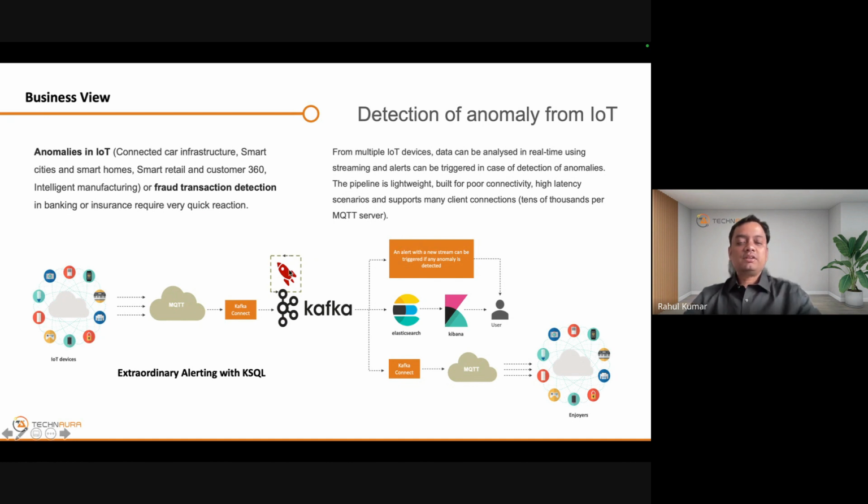Here you can see one diagram. This is actually a KSQL diagram, where we have KSQL here just to do the real-time threat detection. And then from Kafka, we are sending our data to Elasticsearch, Kibana, and to the user. Let's say a lot of data is getting generated.